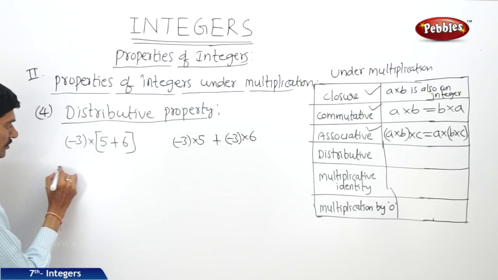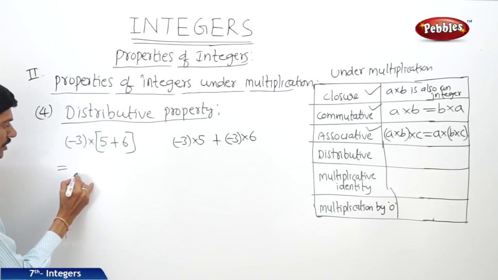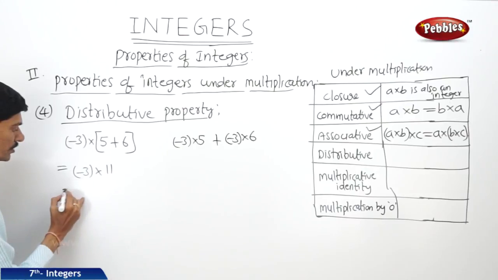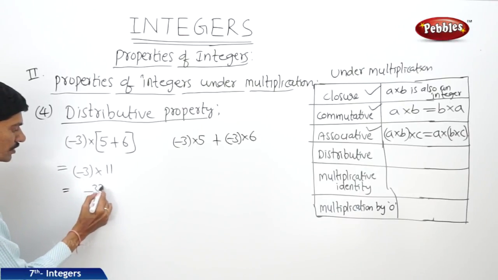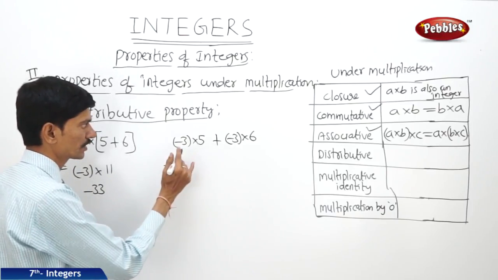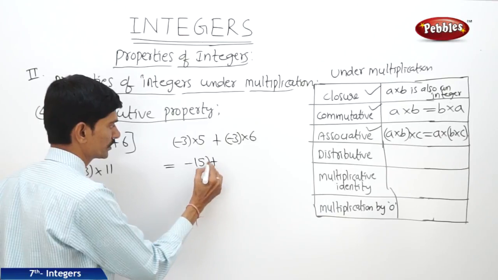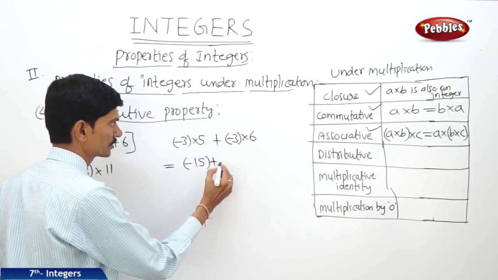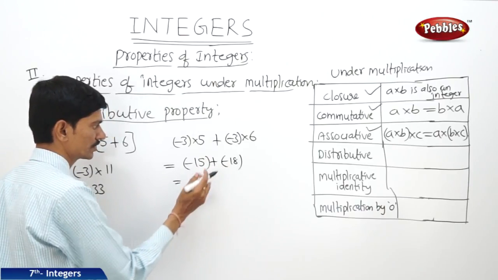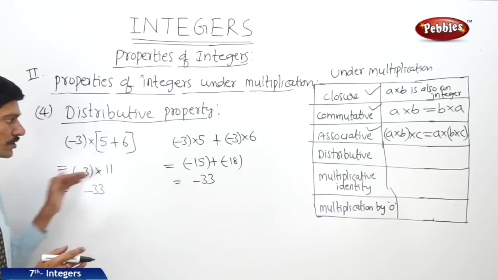Now let us see the product in the first case. Here 5 plus 6 is 11, so minus 3 into 11 is minus 33. In the second case, minus 3 into 5 is minus 15, plus minus 3 into 6 is minus 18. So minus 15 plus minus 18 is minus 33. So we got the same result in the two cases.